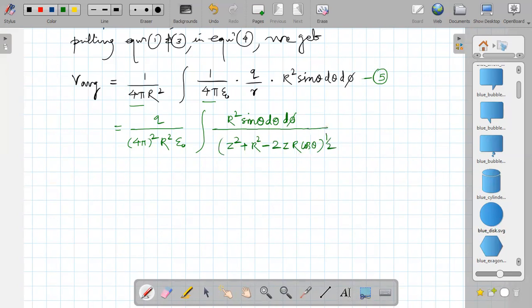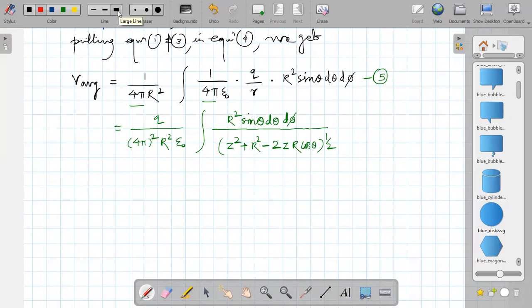Okay, yes, this is the rewriting of equation number 5, we can write like this. And therefore using the substitution method we can find this integral part, that is your RHS.